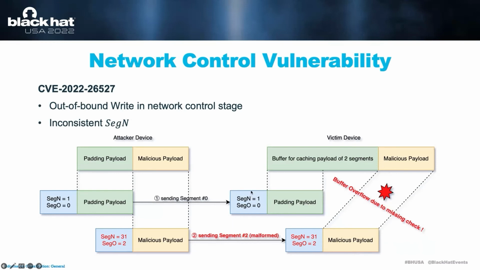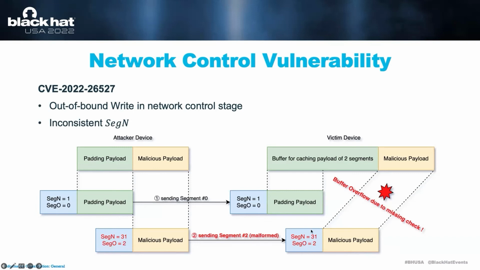And the victim will pick up the SEGN. Since there are totally 2 packets to receive, it just allocates a buffer for these 2 packets. But next, the attacker will send a segmented packet with SEGN 31 and SEGO 2.